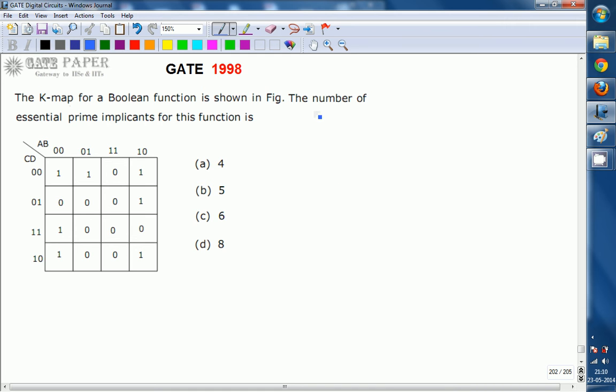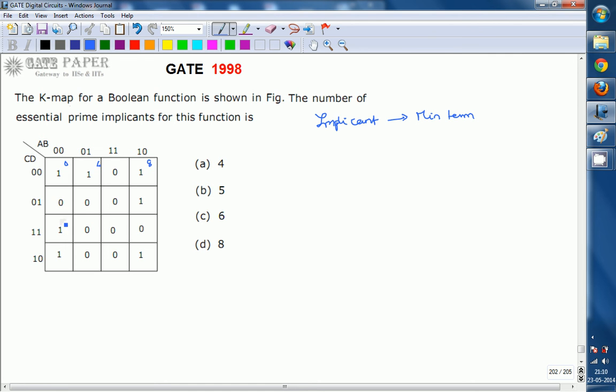First of all, what is meant by implicant? An implicant is simply each minterm present in the expression. This is the zeroth minterm, this is the fourth minterm, and this is the eighth minterm, so these are the minterms present.